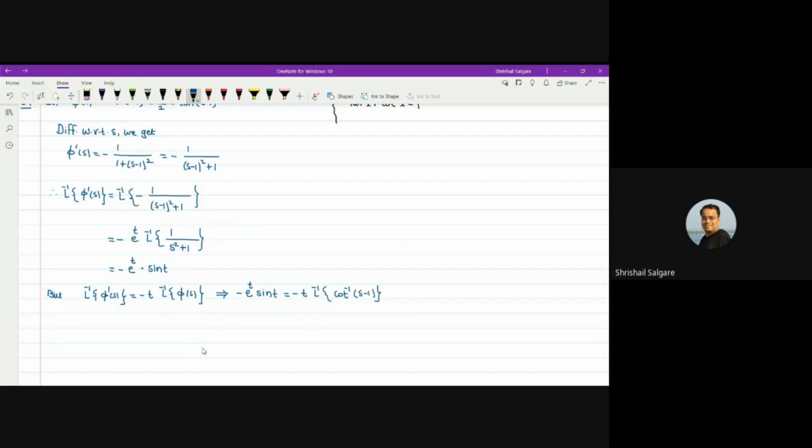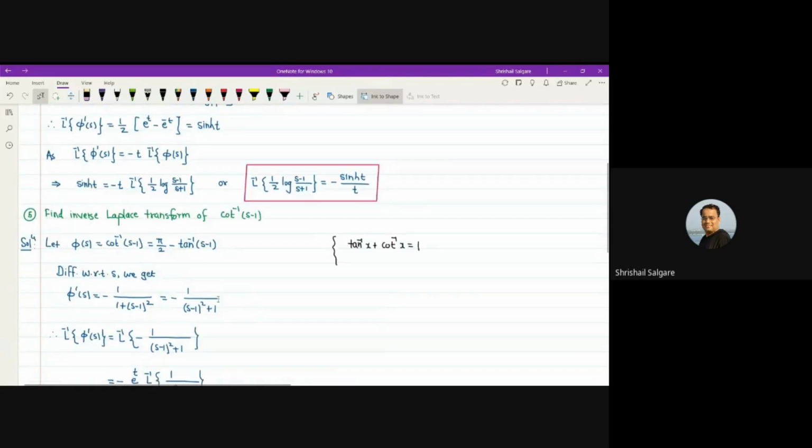The same thing we can rearrange: the inverse Laplace transform for cot inverse of (s minus 1) is e raised to t upon t into sine t. Correct? Simple examples, I think. These are the simple examples.